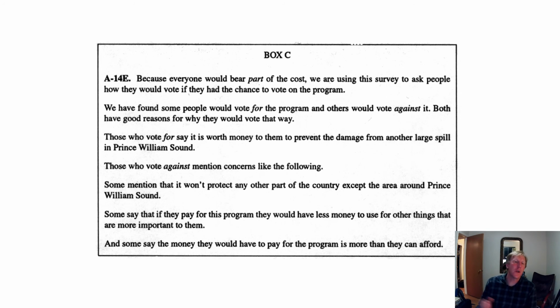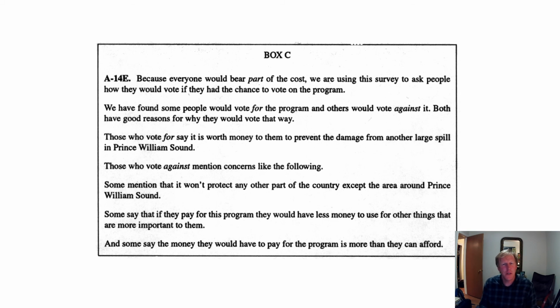Here's the cost of cleanup. Here's the cost of preventing it from happening. Would you vote for something that bears this cost? Because everyone bears part of the cost. We're using the survey to ask people how they would vote if they had the chance to vote for the program. And again, you want to present it in an unbiased way.